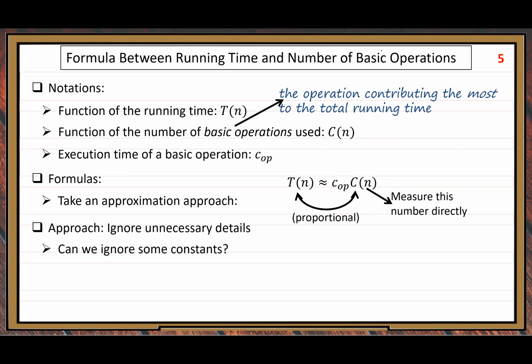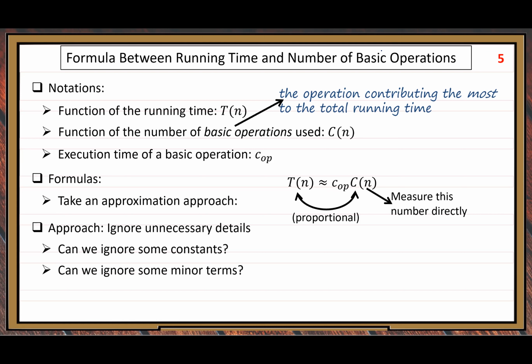In our formula expressions, we may have a lot of constants. If we carry all the constants, our formulas become relatively complicated. So we want to simplify our formulas. How do we simplify them? Ignore the unnecessary or not important constants that we can ignore.